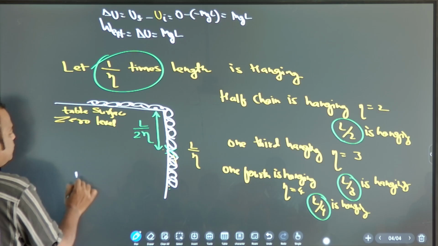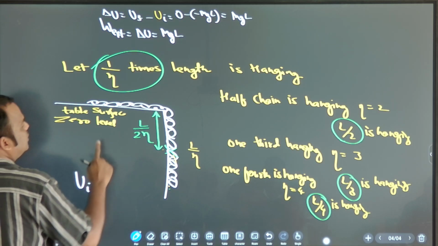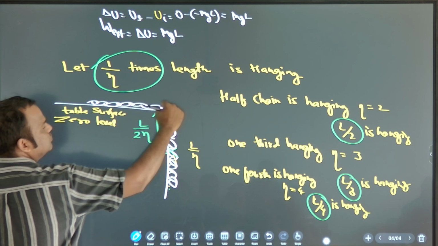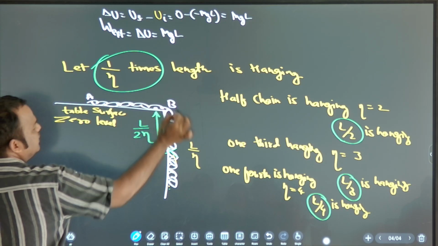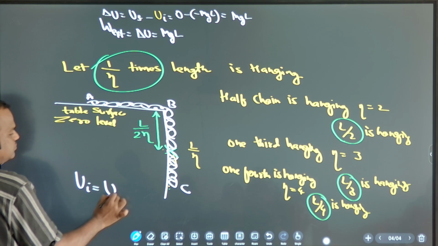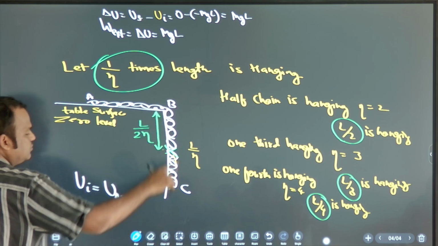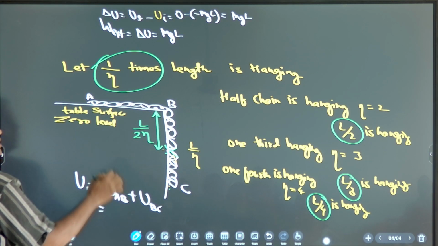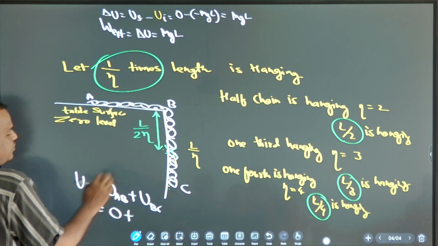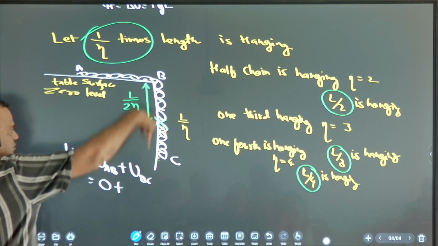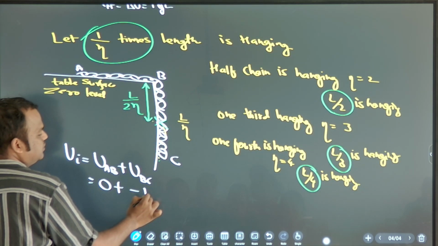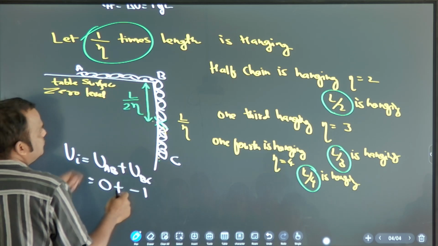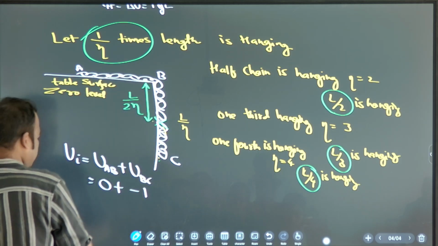Now U initial, what is U initial? In this position, what is the potential energy of the resting part? 0. So you can call it A, B, C. AB is the resting part and BC is hanging. The potential energy of the resting part is 0. The hanging part is minus m, the mass of this only, not the total mass.